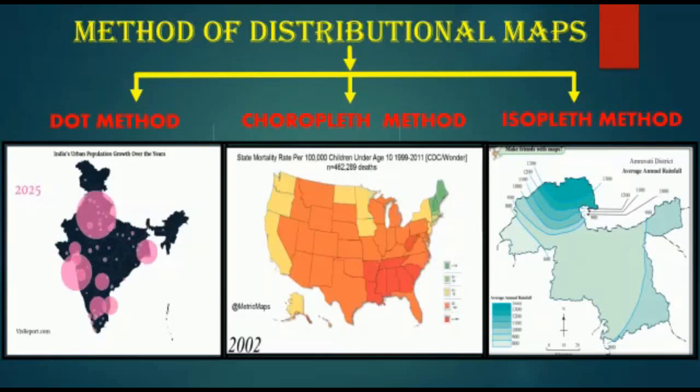The size of a dot showing the same value is kept uniform, whereas in a choropleth method map, the data regarding various geographical variables is shown by shades or tints of various colors. In a choropleth method, the smallest and the largest values of the given data in a region are taken into consideration.